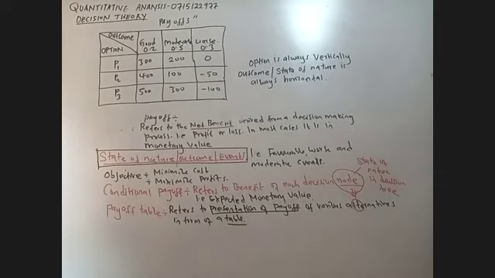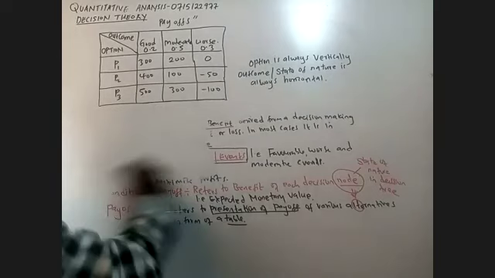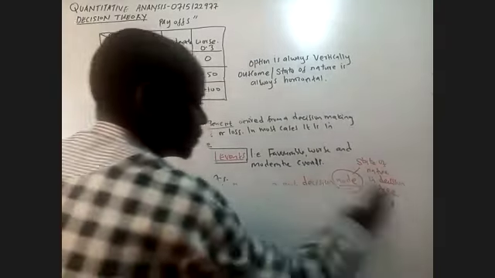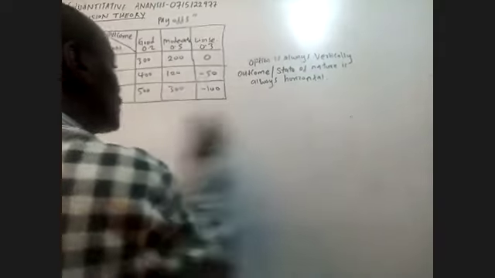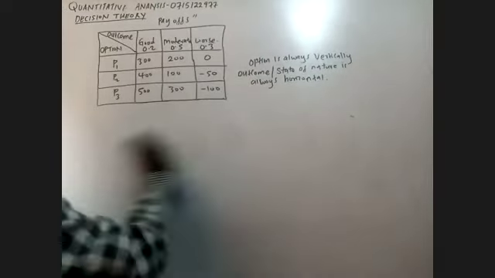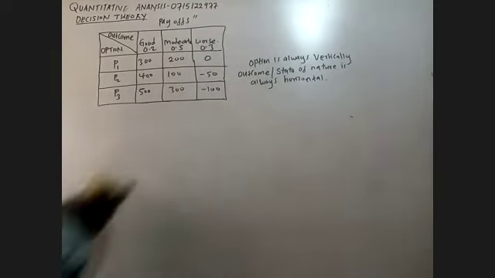Now, you remember the table. Let us talk about decision tree. This is another one which is important.